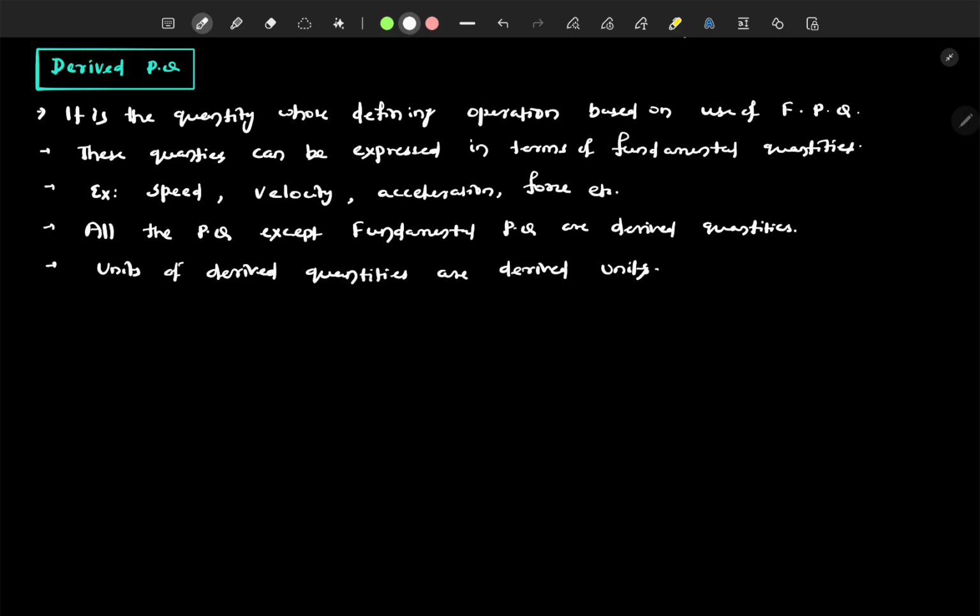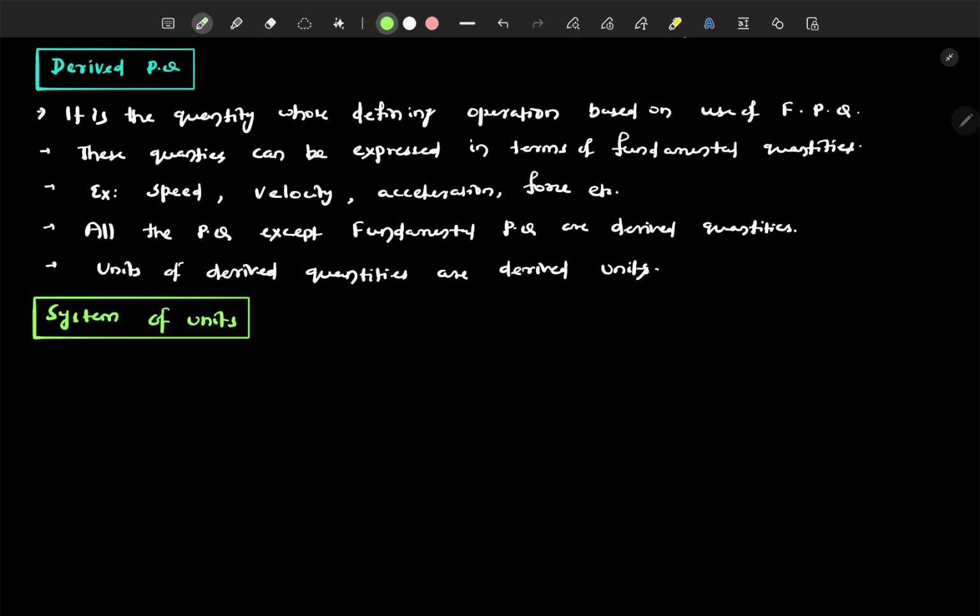There are three common systems of units: the CGS system, the MKS system, and the FPS system. I'll give the heading system of units. From the beginning we have to discuss some theoretical part, after that the numerical part will be there. So, system of units.